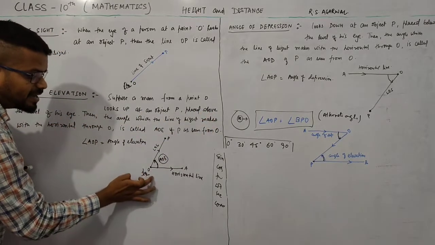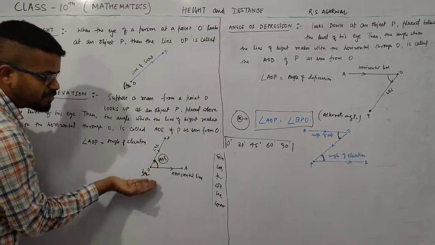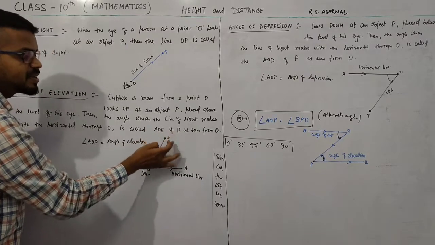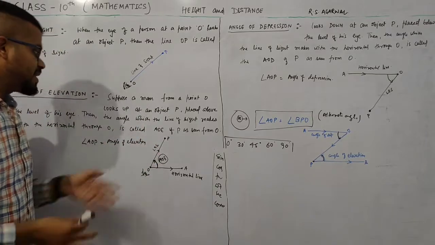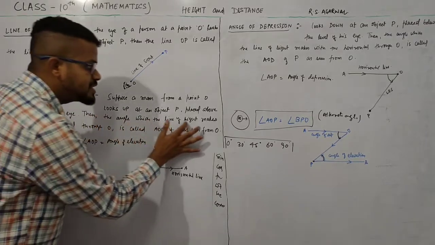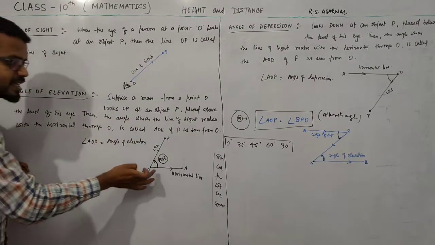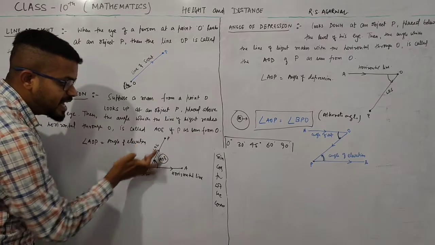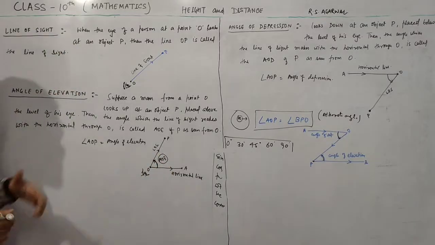Here is the man and here is the object. This object P is above the eye of the man. Then the angle which the line of sight makes with the horizontal through O is called the angle of elevation.